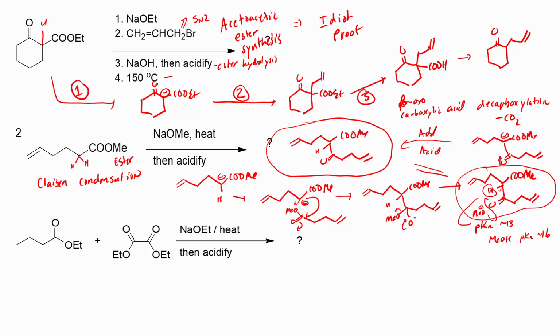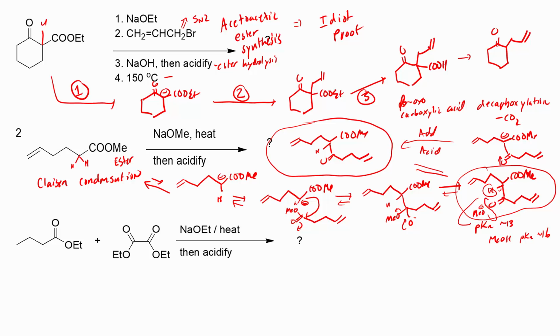Why did I have to do things after I had the final product? And that's an important point here. This is because if we look at all the steps here, the deprotonation here is actually very unfavorable. Okay? This is an equilibrium. This is an equilibrium. These are all equilibria.